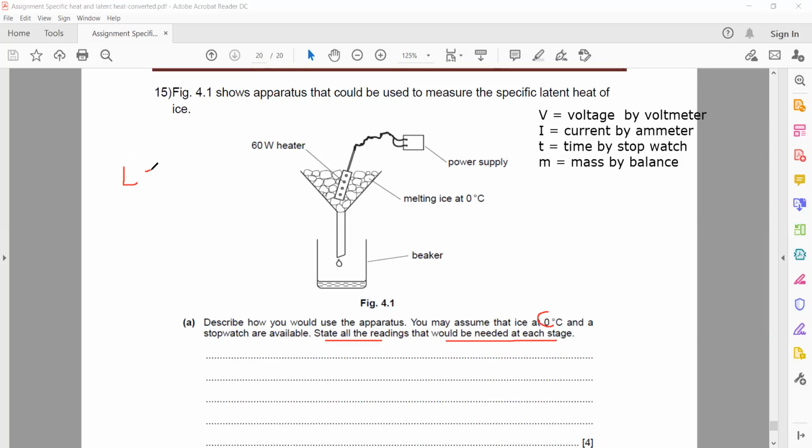Latent heat is actually power multiplied by time divided by mass. So power is already given, so we don't have to measure it. We don't have to mention the value of the latent heat here. This is just an experimental procedure, how it is done or how you will get the answer.